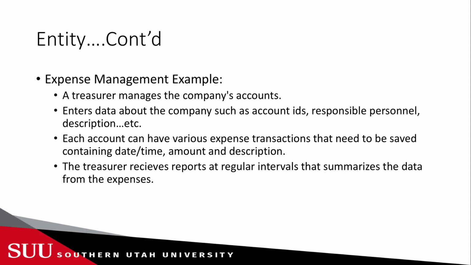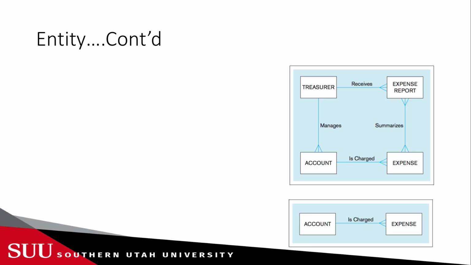And the treasurer will receive reports at regular intervals that will summarize the data from those expenses. So what are the entities in this case? Now we need to think about multiple instances, having multiple attributes, and we want to model those in our problem, and we need to exclude single users.